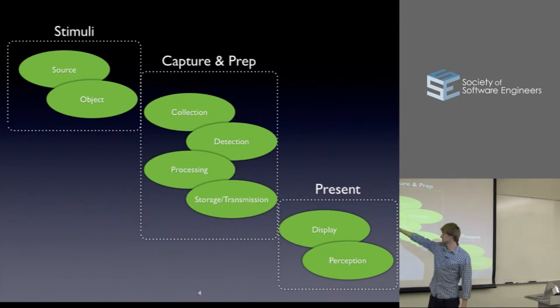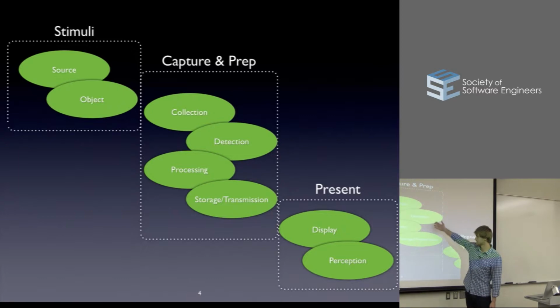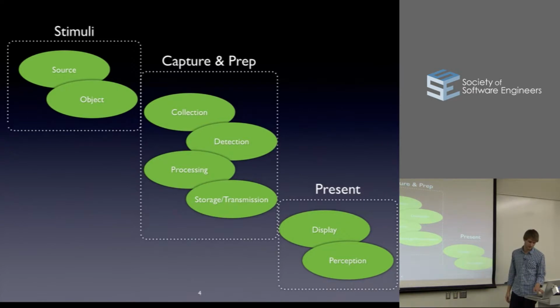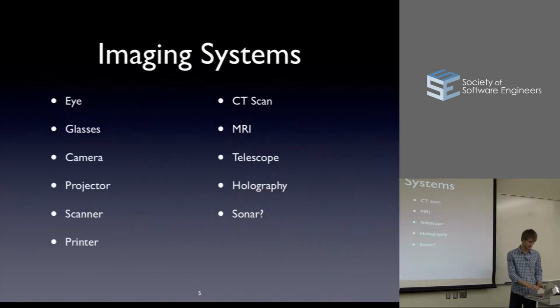There's an object which you're trying to perceive or image, and then there's the capture and preparation, where you collect, detect, process, and store that information, and then display and perception. I'll start with the beginning, which is light.